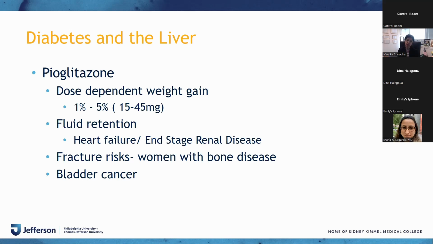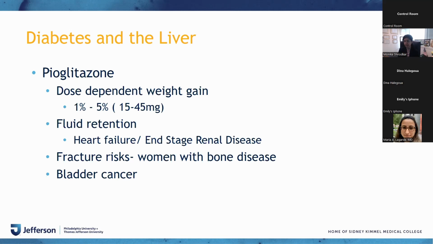Some of the other side effects or sort of negative press that Actos receives is fracture risk. So the data is conflicting at times, but we do know that if you're a female that has pretty severe osteoporosis, you're a high risk for fractures, this probably is not the medication for you.